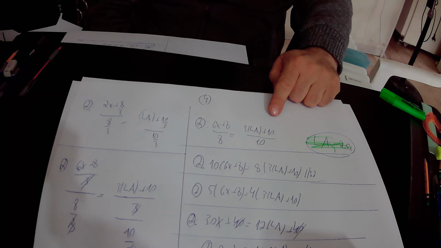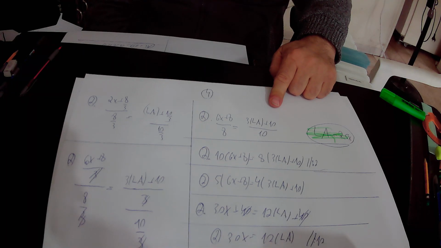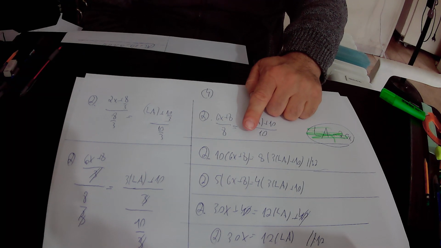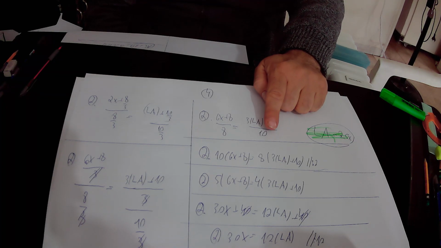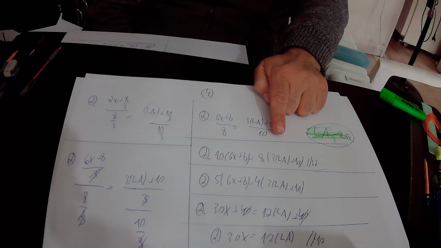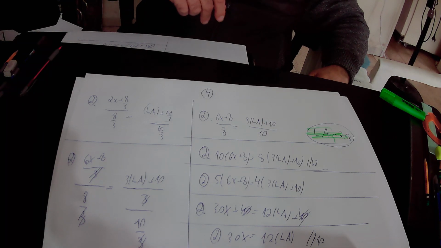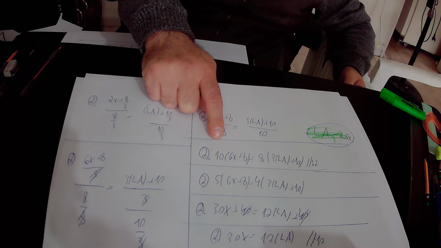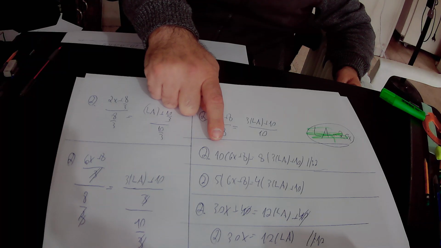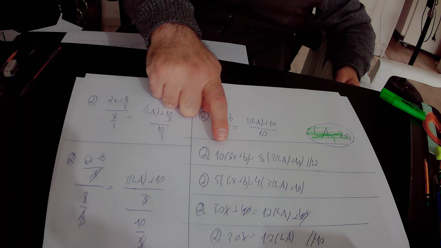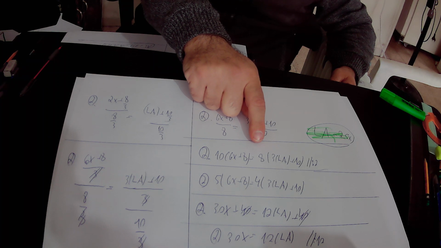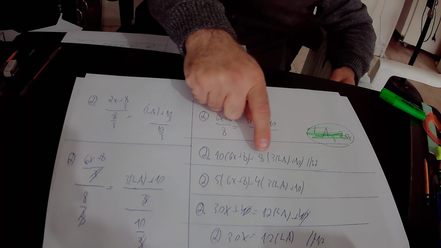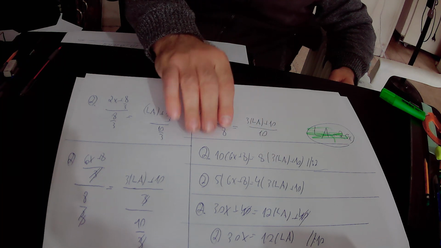Here we must multiply this equation 2, and found out that according to equation 2, 10 times 6x plus 8 equals 8 times 3LA plus 10. Here we divided this equation 2 by 2, and finally found out that 10 over 2 is 5, so inside the brackets we have 6x plus 8. That equals 8 over 2 is 4, and inside the brackets we have 3LA plus 10.